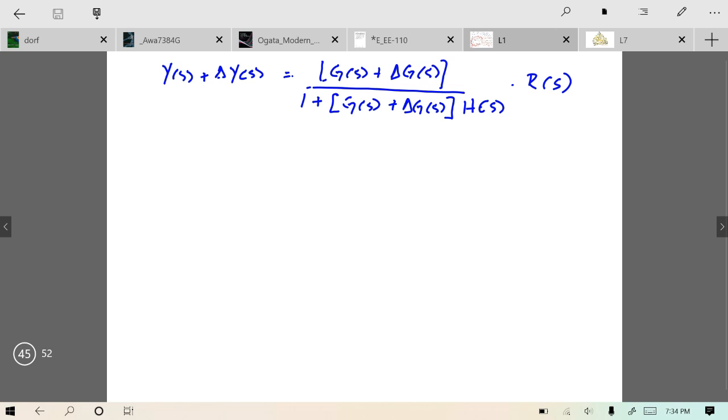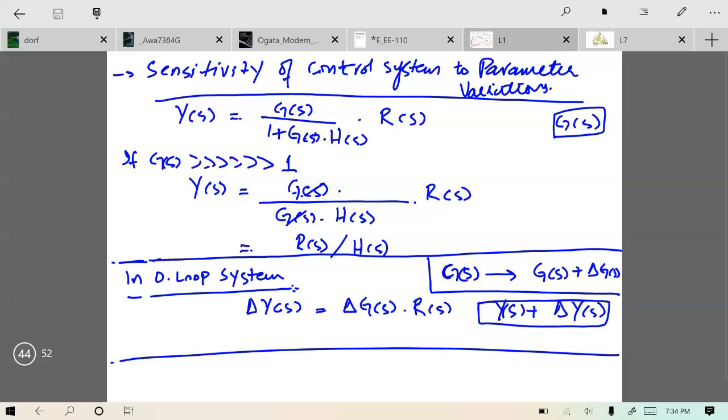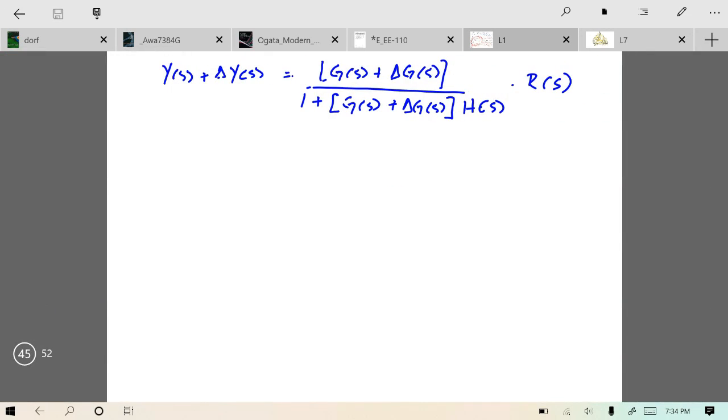Just putting g of s plus delta g of s in the place of g of s in this standard equation.